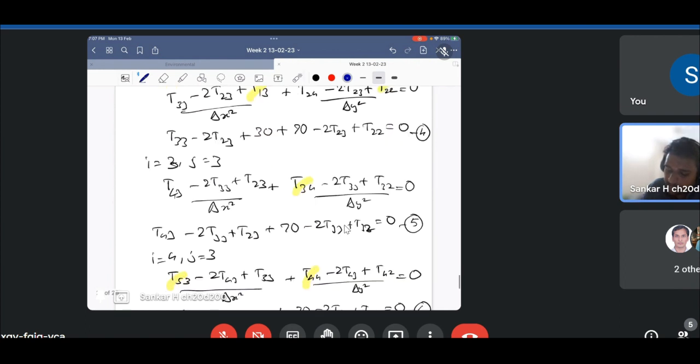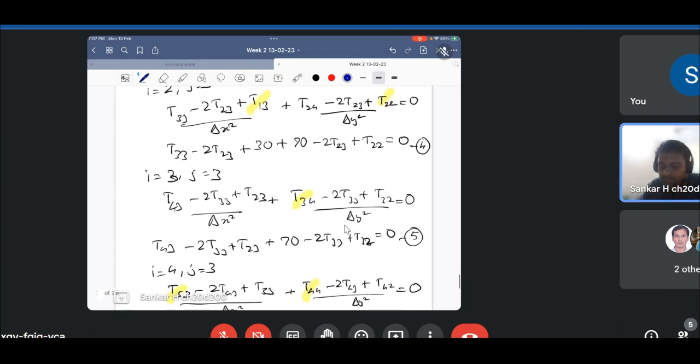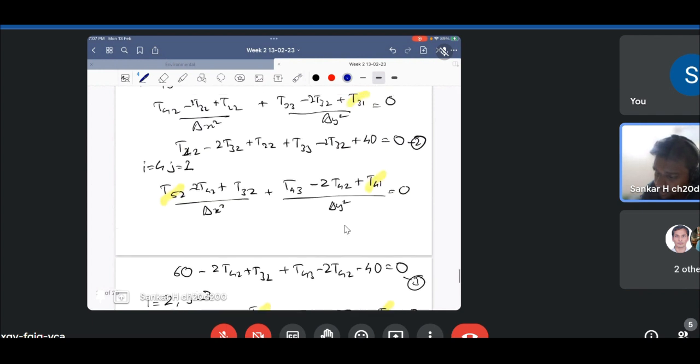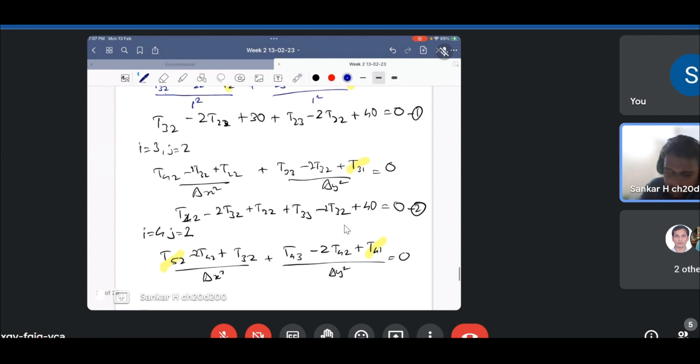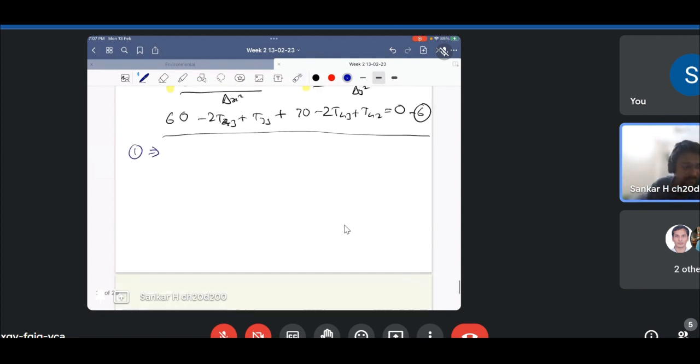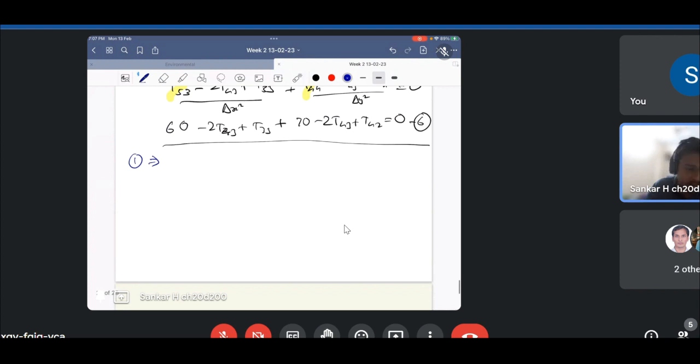So equation 1 can be rewritten as minus 4 times TA plus TB plus TD should be equal to minus 70.